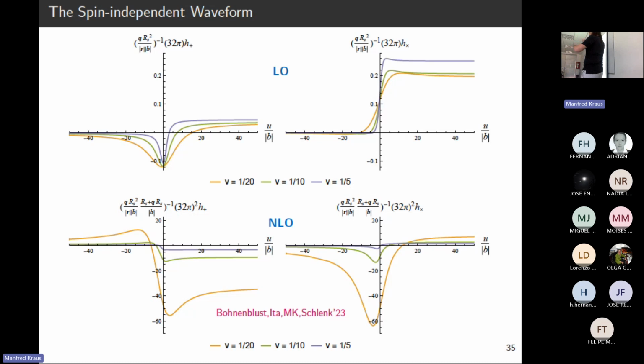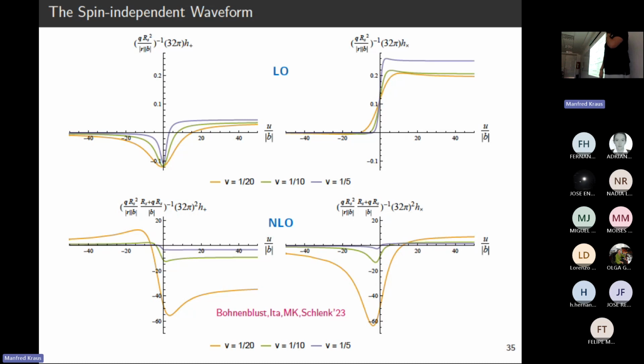And you don't see the oscillatory pattern because this is scattering of black holes, not a bound system. But you see that the corrections between leading order and next-to-leading order are actually huge. Just looking at the magnitude, this is like 0.1. So these loop corrections are actually very important to get the physics correct.